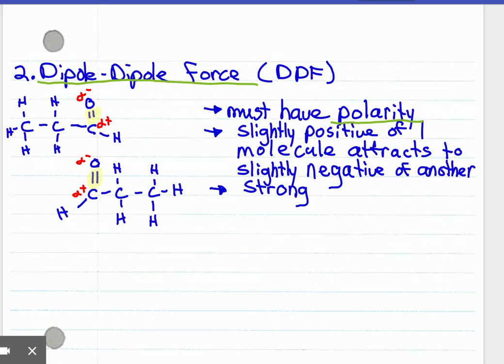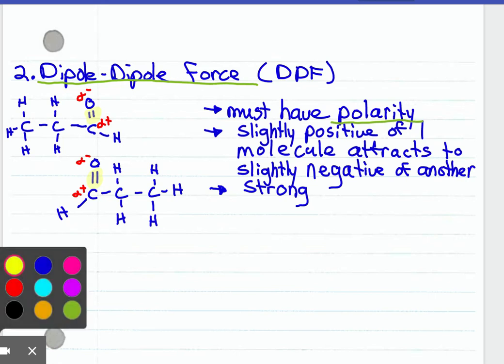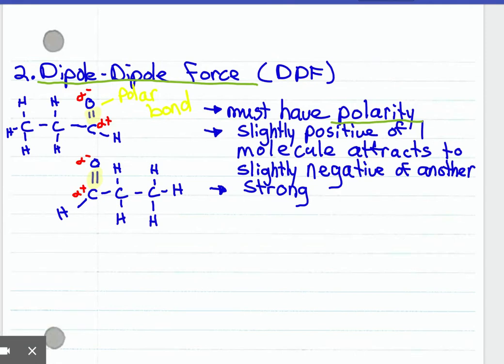So these are polar bonds. Because we have a polar bond, we end up with a slightly positively charged atom and a slightly negatively charged atom. And the dipole force is an attraction between the slightly positive spot of one molecule and a slightly negatively charged spot of another molecule.